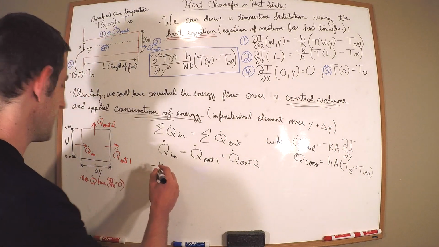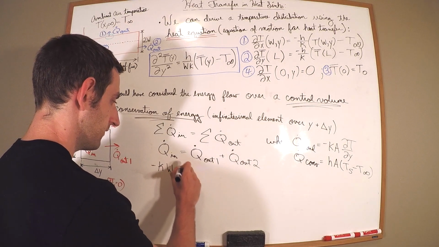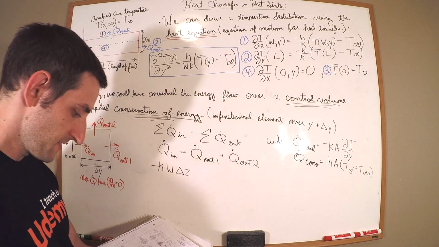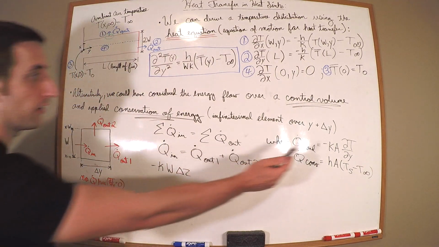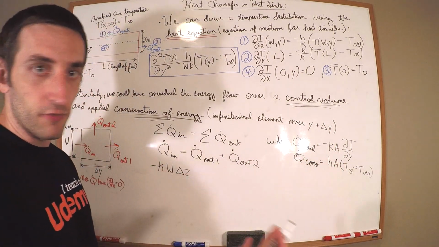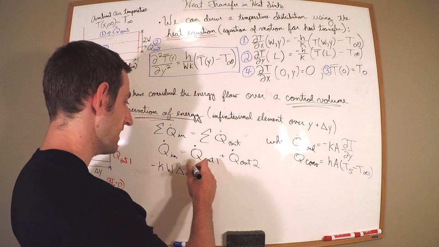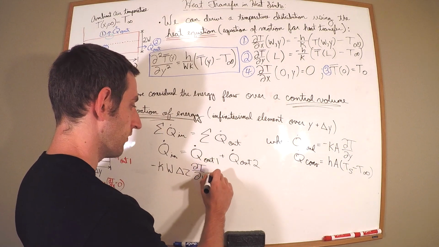So we have negative k, W, delta z. Okay? And then it's flowing in the y direction, so our derivative has to be dT dy, right? The gradient drives the heat transfer, so we get a dT dy for what flows in.